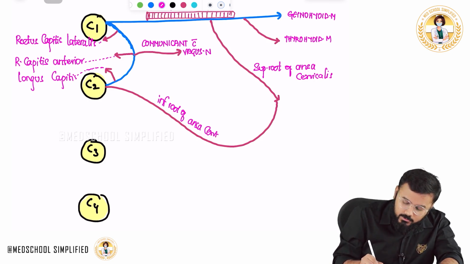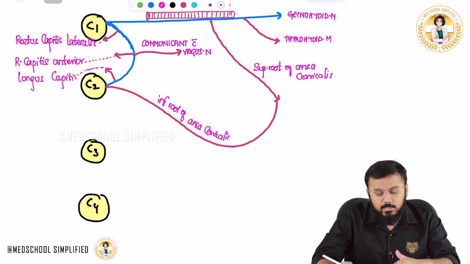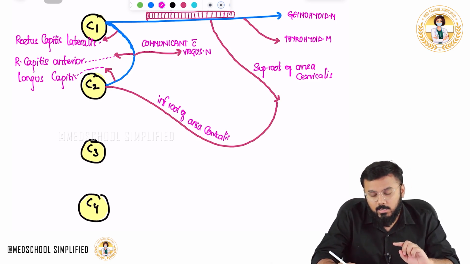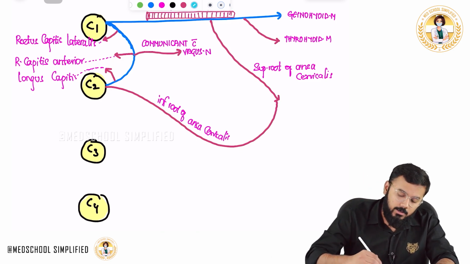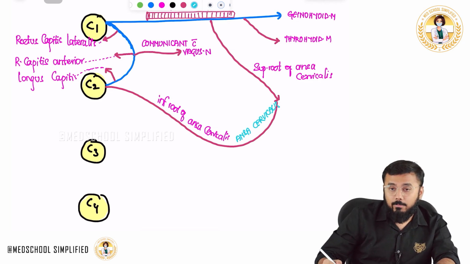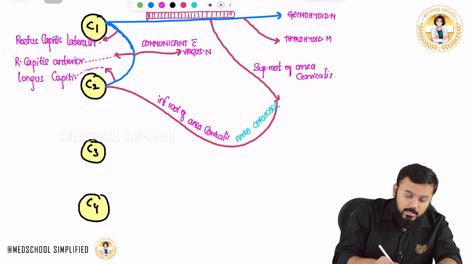So what has happened? Directly from C1 there is a superior root of Ansa cervicalis, from C2 there is an inferior root of Ansa cervicalis. So together they formed this particular structure, and this is what is called Ansa cervicalis. Okay. Now from this particular Ansa cervicalis you see four important branches that are coming.